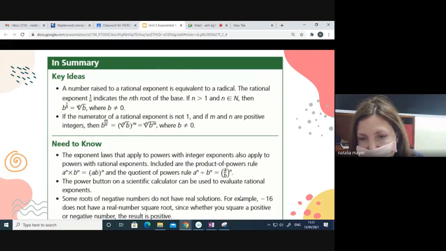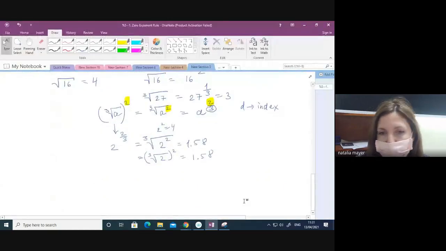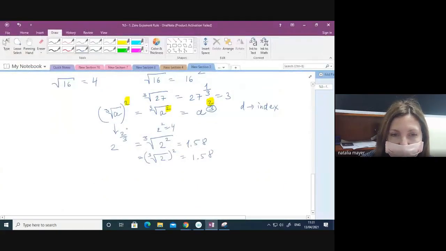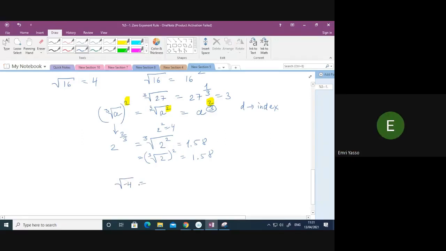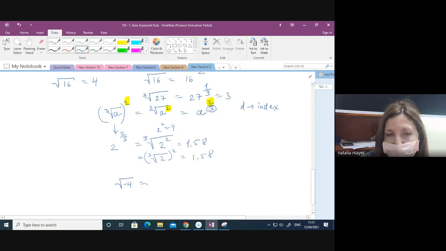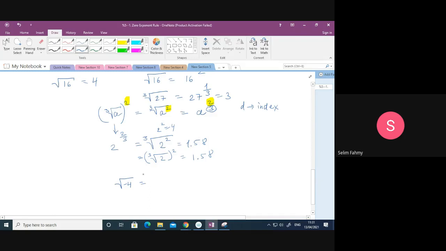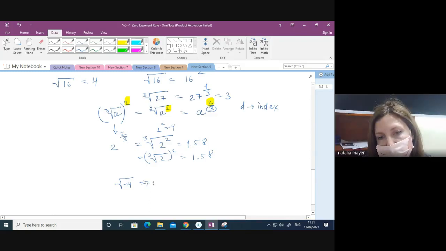There are a couple of things which you need to know. Can I square root a negative number? For example, if you put on the calculator the square root of -4, what will you get? Error. So it's impossible.